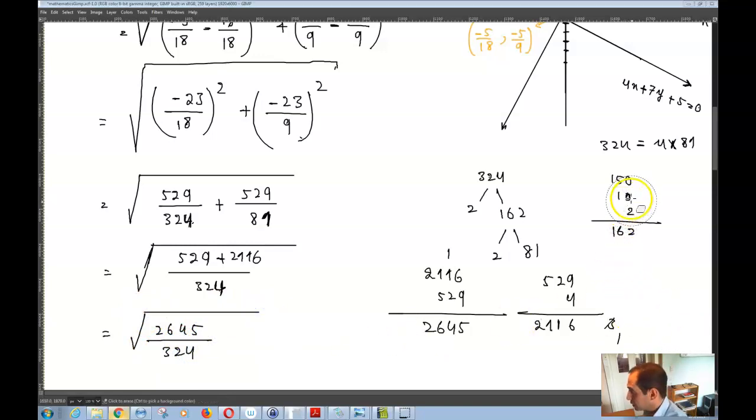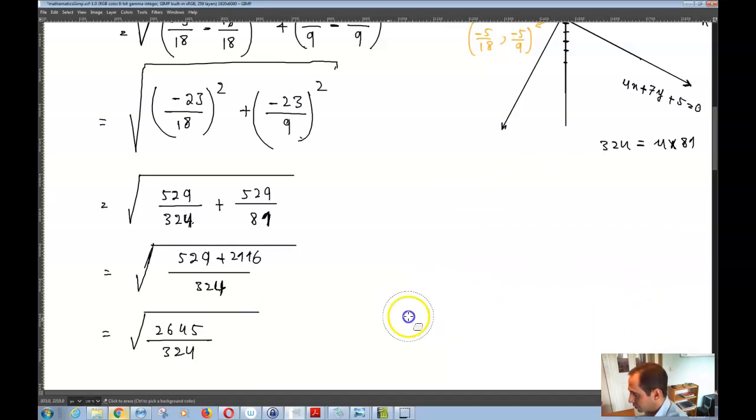Now, as we said here, 324 is 4 times 81. When you take the square root of that, you would get 2 times 9, which is equal to 18. So 324 is equal to 18 squared.